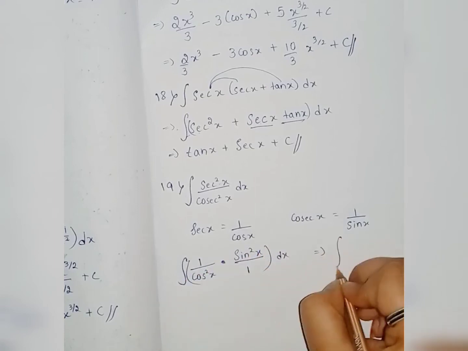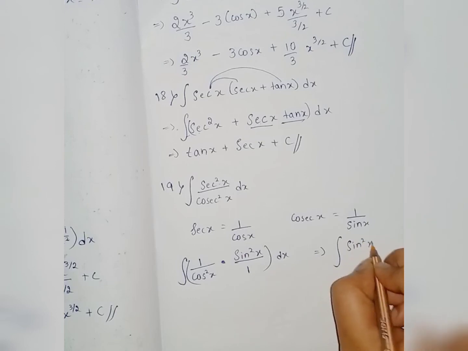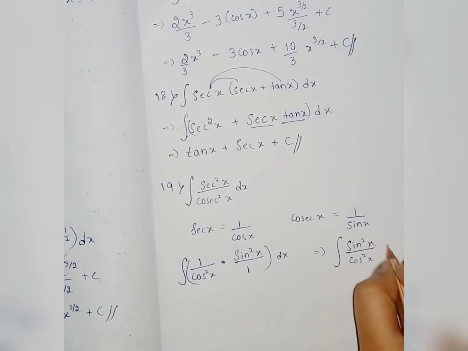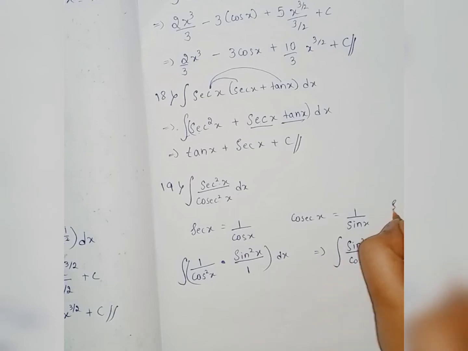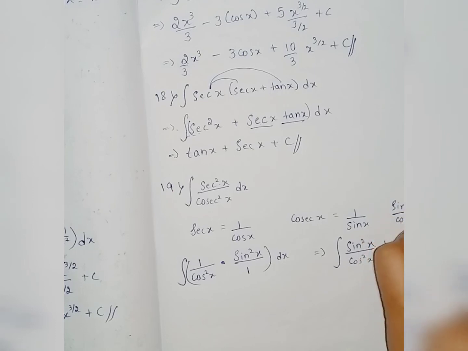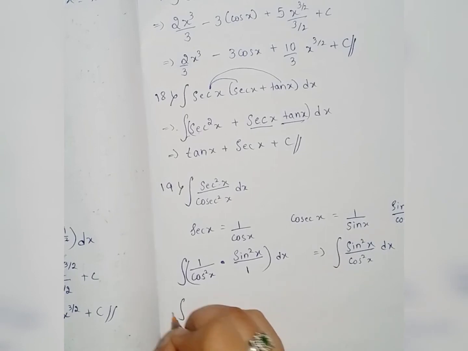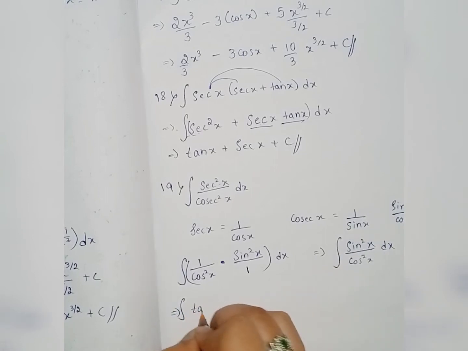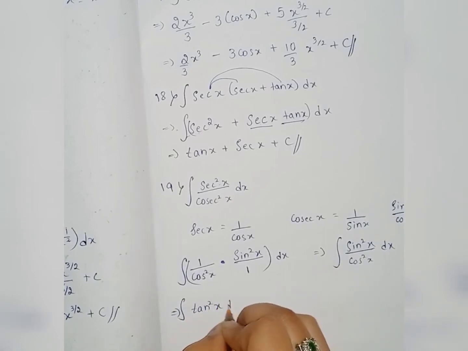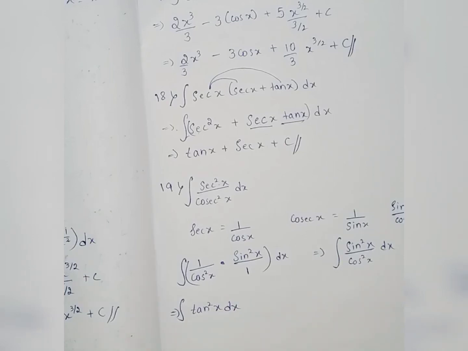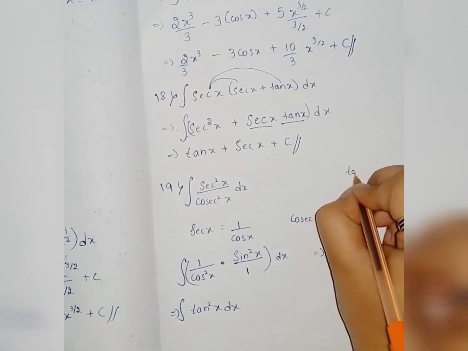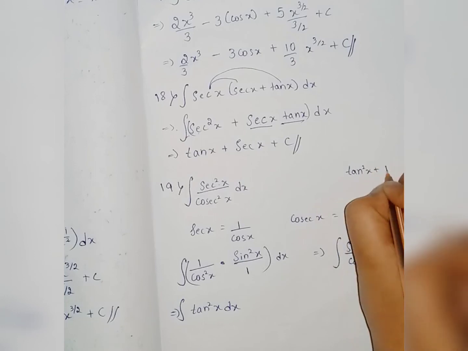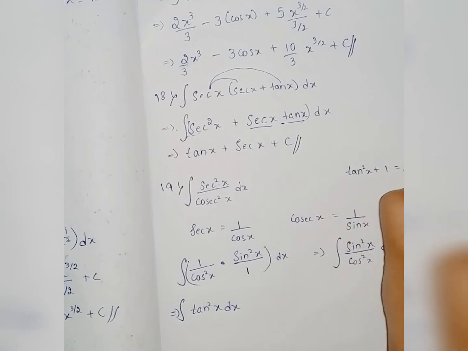So this is sin square x by cos square x dx, and sin x by cos x is tan x, we know, right? So integration of tan square x dx. We know the identity tan square x plus 1 is equal to secant square x.